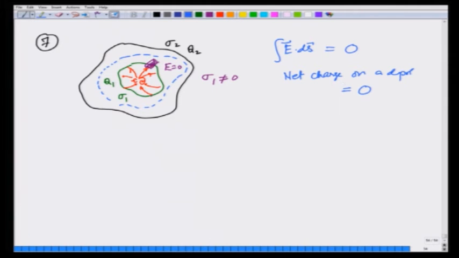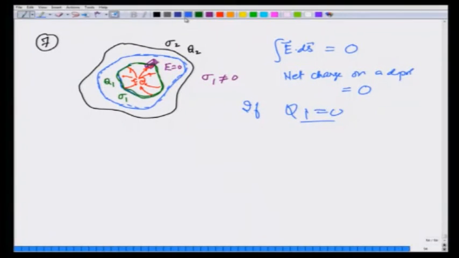Since the charge enclosed by this Gaussian surface is 0, and the dipole already has a net charge 0, that can only happen if q 1 is also 0. So, what is happening is that inside this cavity, the green surface, the surface of the cavity, has a distribution of positive and negative charge. That means sigma 1 is non-zero. However, sigma 1 is such that the net charge integrates to 0.